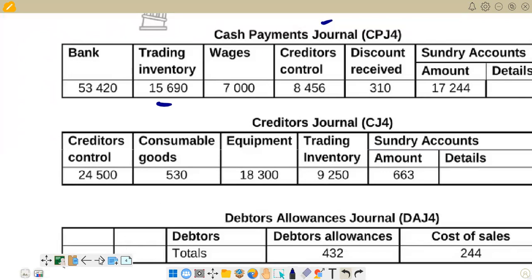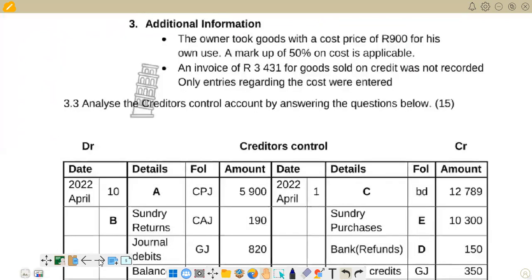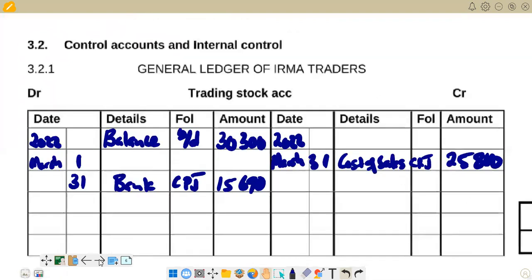So we go to our answer section. We are on trading stock, and we are still using this date of 31. For all the journals and their amounts, the date that we use is 31 because it's at the end of the period. So here for the details part, we are putting creditors control.